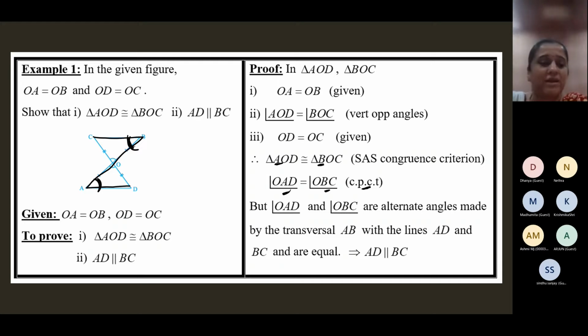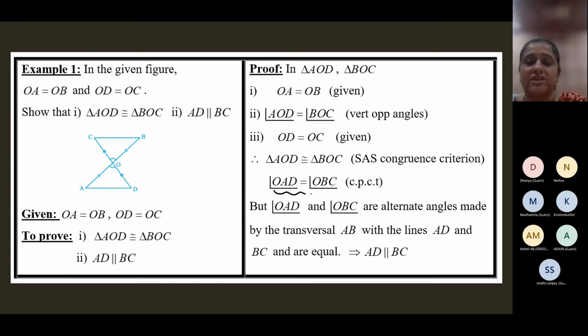But angle OAD and angle OBC are a pair of alternate angles made by the transversal AB with the lines AD and BC, and they're equal. How are the alternate angles equal? Because they are the corresponding parts of the congruent triangles. See, I'm not saying they're equal because they're alternate angles. Don't get confused, children.